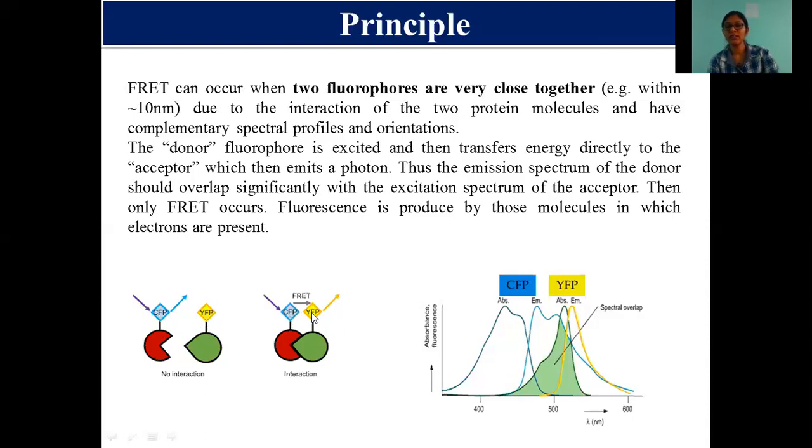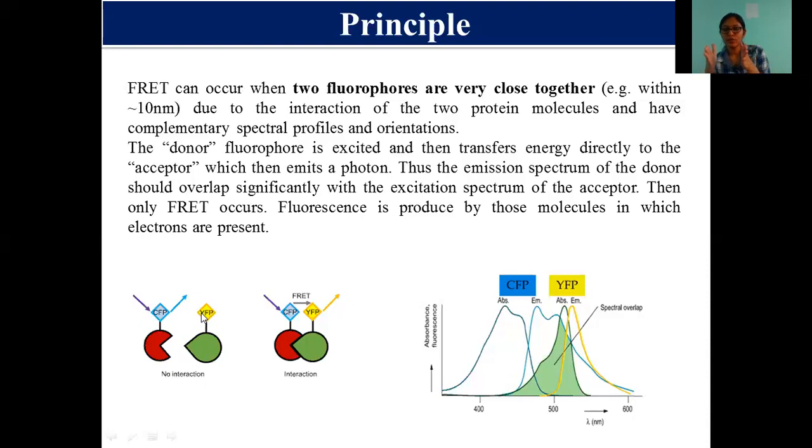I already told in the introductory slide that it is a distance-dependent phenomenon. So here the distance between the two molecules is more. Because of the much greater distance between the two molecules, you can't get the overlapping spectrum, because whatever energy or radiation is emitted by this CFP will not be absorbed by this YFP, because there is a much greater distance between the two fluorophore molecules.